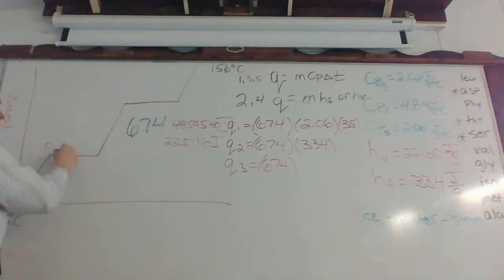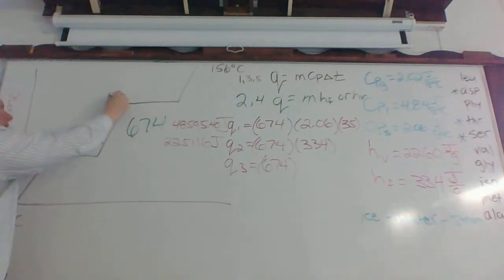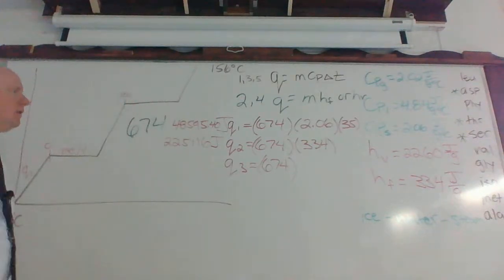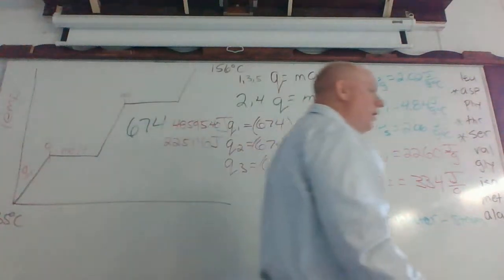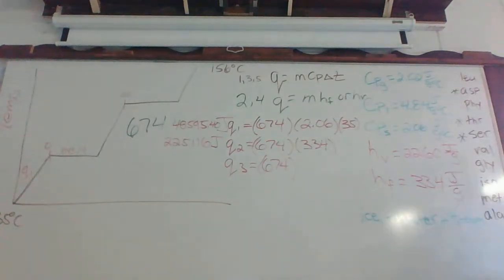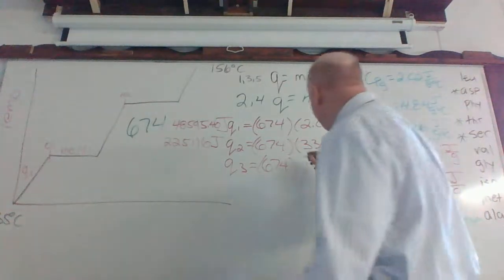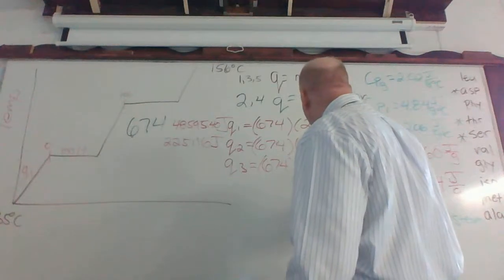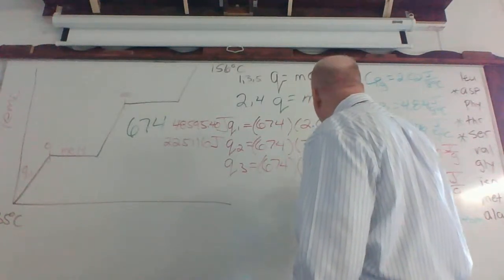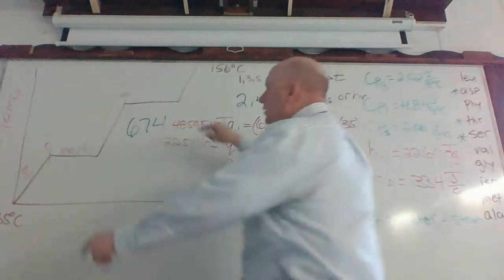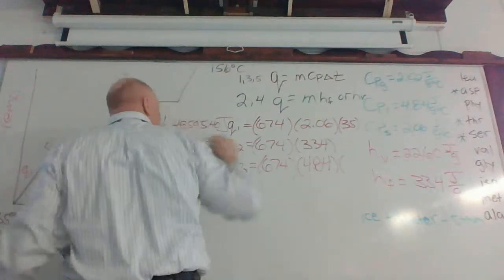So now that we have done this, we've melted it. Now we go from this 0 up to here, which is 100. Okay, so in this case, what is the specific heat of H2O in the liquid phase? 4.84. Okay, what is our change in temperature here? 100.